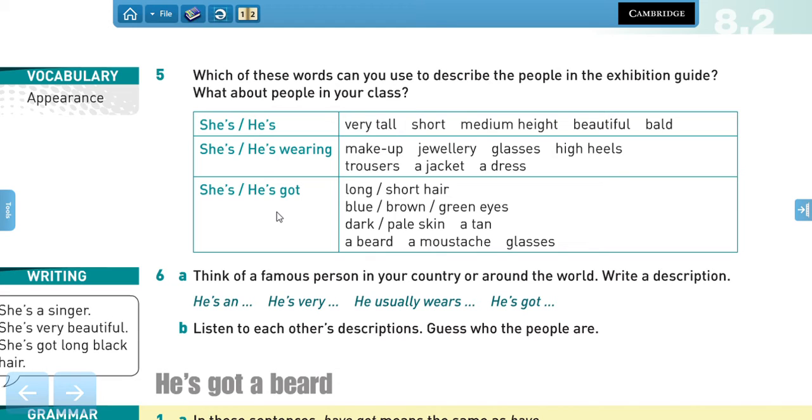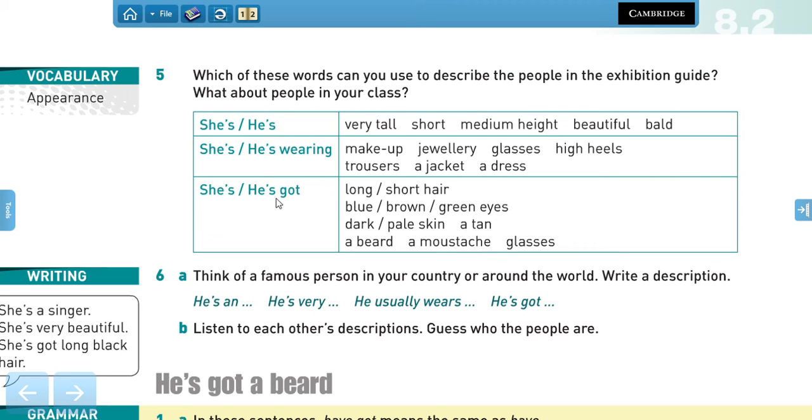Things that represent your appearance in a way, things you can perceive apart from being tall or short, or slim or chubby. These are about hair, eyes, skin, and things like a mustache, things you cannot take off at any time.